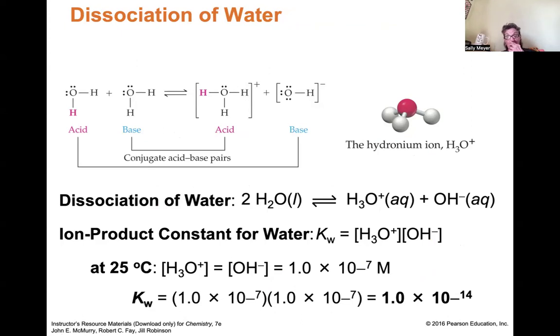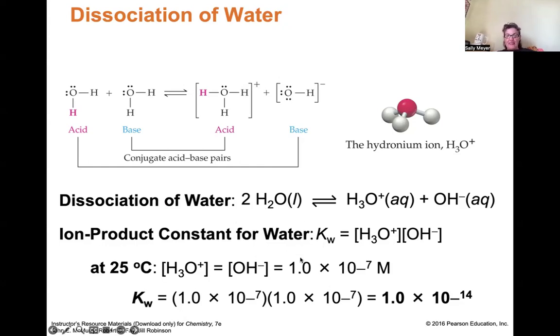It doesn't happen very much, so it's a very, very small amount that dissociates like this, but it happens enough that we know the concentration. So the Kw, which is just an equilibrium constant for this reaction. If we look back at what we did in the last chapter, the equilibrium constant for the dissociation of water would be H3O+ times OH-, and the water, because it's a liquid, would just be left out.